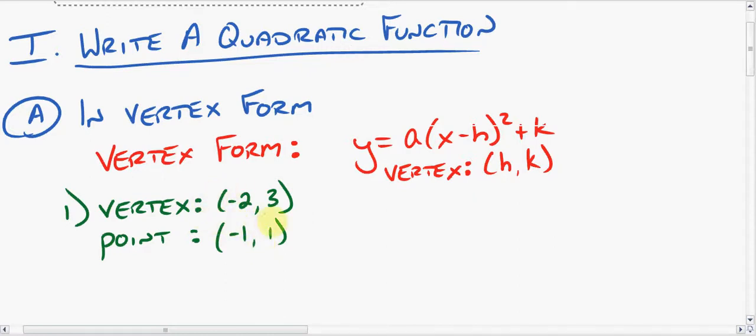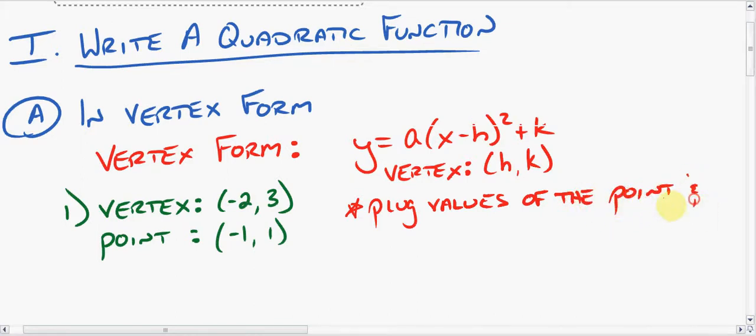So the equation has this vertex, and the parabola is going to pass through the point negative 1, 1.